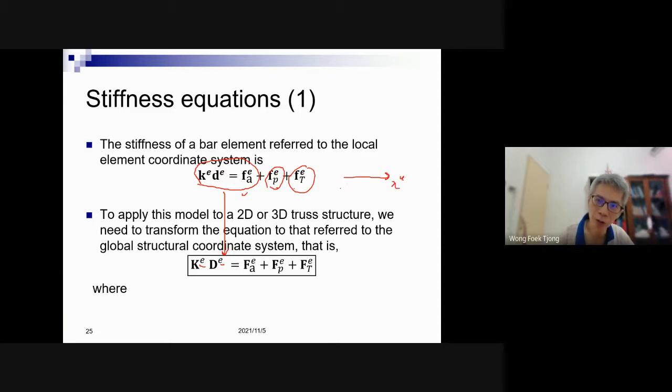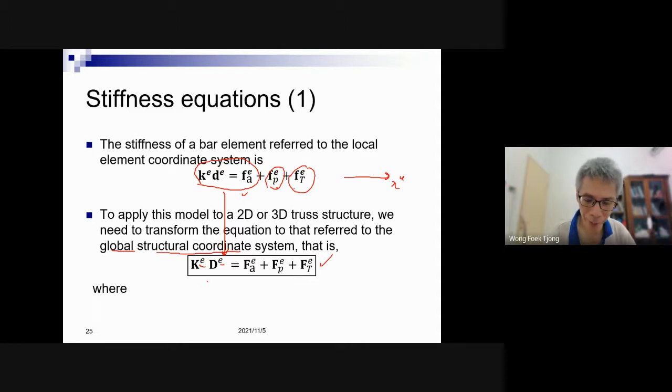Because this is now located in the 2D or 3D situation, we should convert to global components, global coordinates, global structural components, to become like this. We need the transformation matrix, of course, for each element.